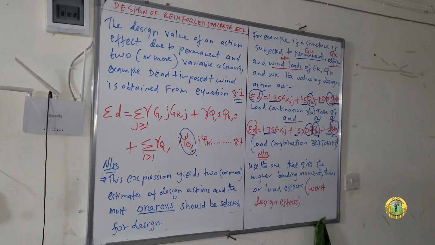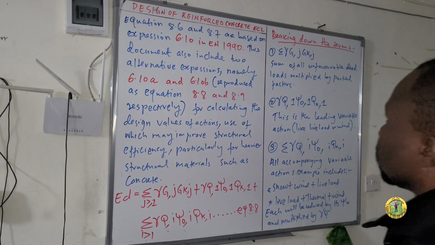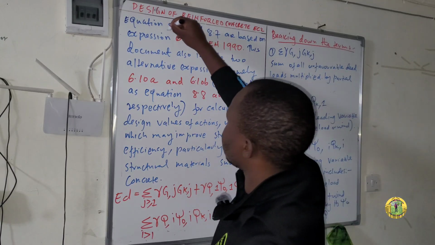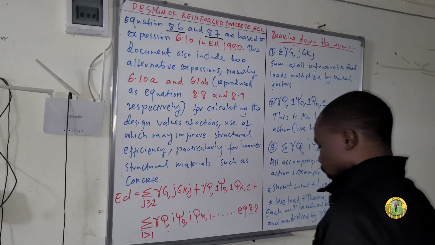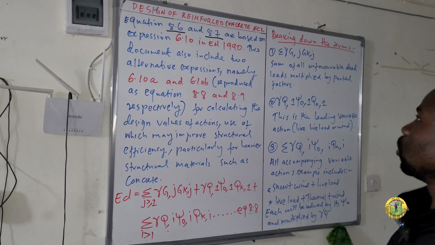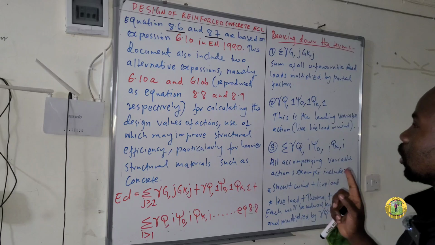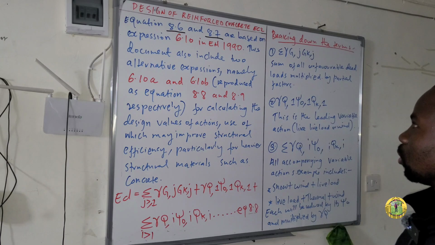So let's proceed. Equations 8.6 and 8.7. You have seen this. So equation 8.6 is the first expression, which was for the permanent action and one variable only. And then 8.7 is for the permanent plus two or more variables.